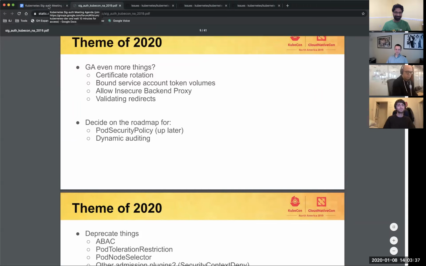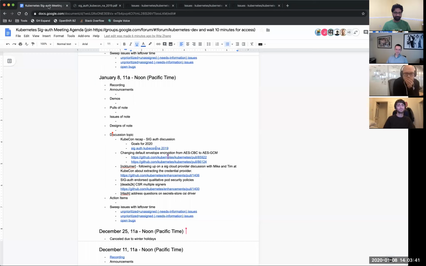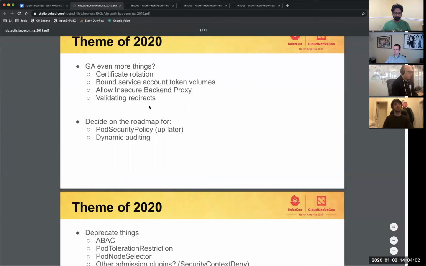No. I would say continue to push things to GA, try to close out some of the KEPs that are ongoing, certificates, all the token stuff, figure out what to do with PSP, and help people solve authorization and authentication problems.